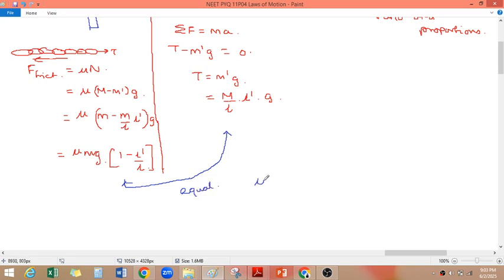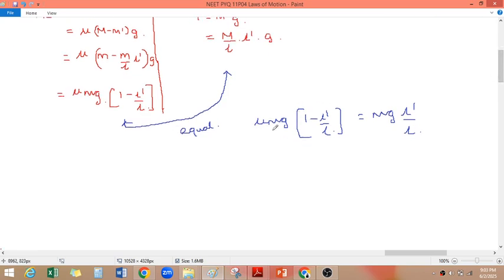So that means mu mg into 1 minus L dash by L is equal to mg L dash by L. mg will cancel.